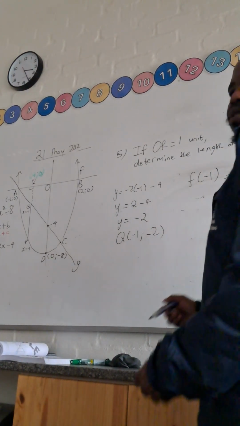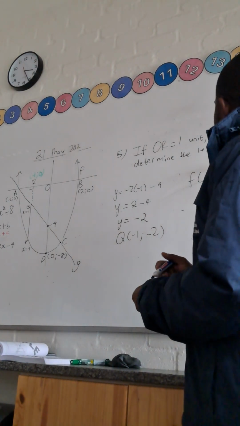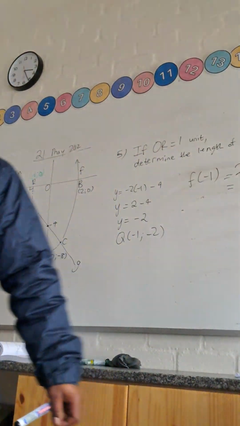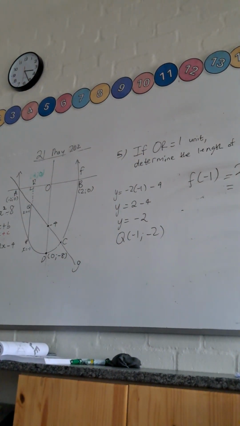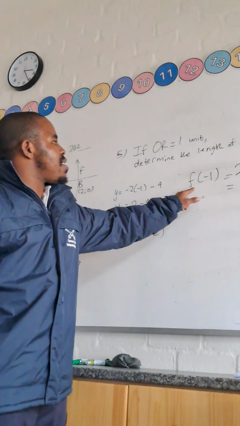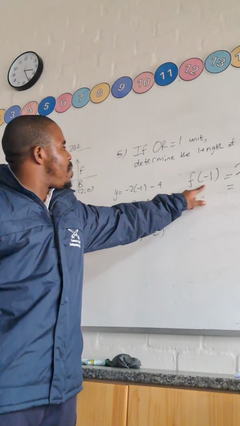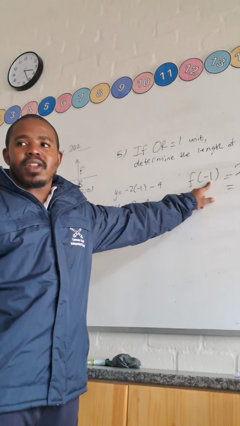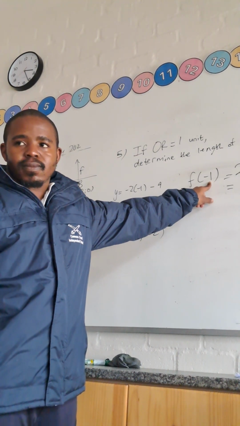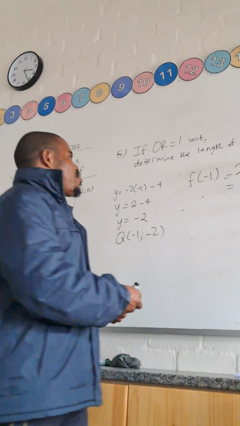This is a better way of writing it, and I should start implementing that a bit more. That just says I'm taking the function f and substituting -1 in the place of x.